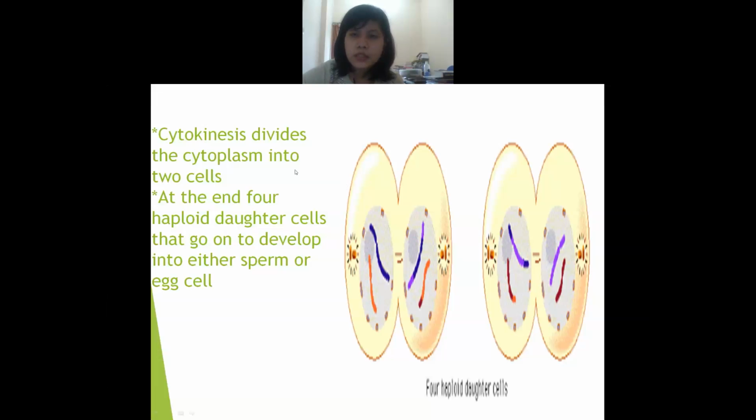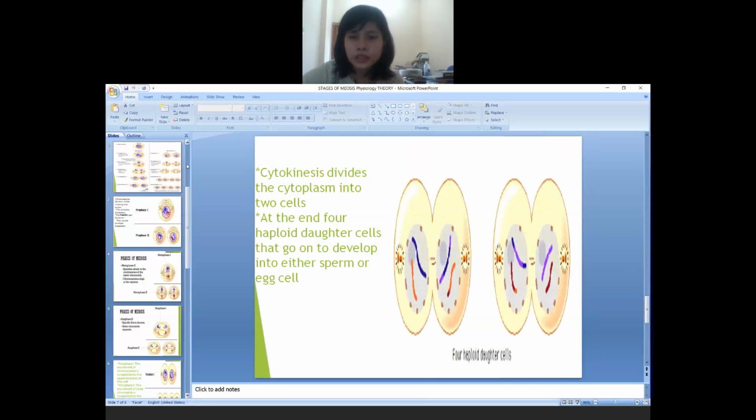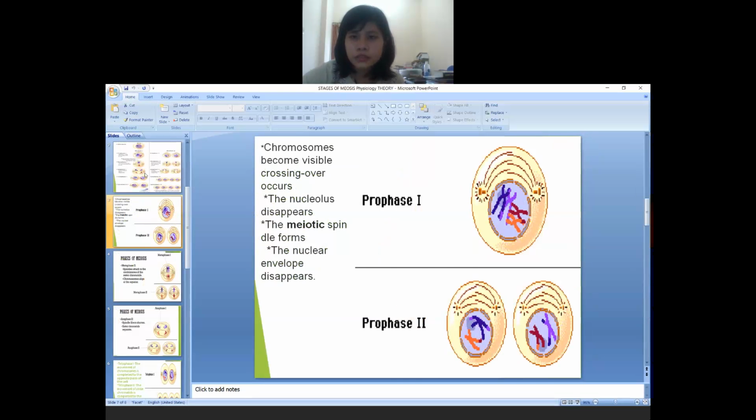In meiosis 1, after cytokinesis, it will be divided into two cells, also known as cytoplasm. So from one cell, two cells. Is it clear? Okay, is it clear about meiosis 1?